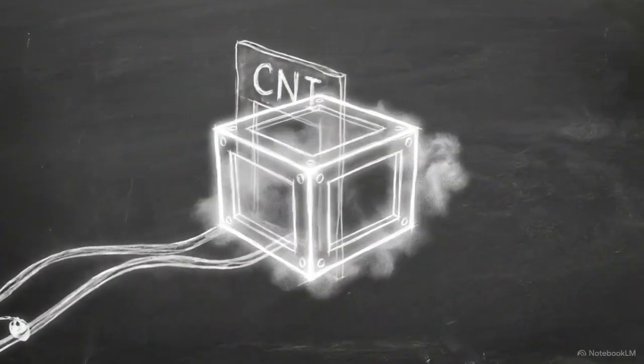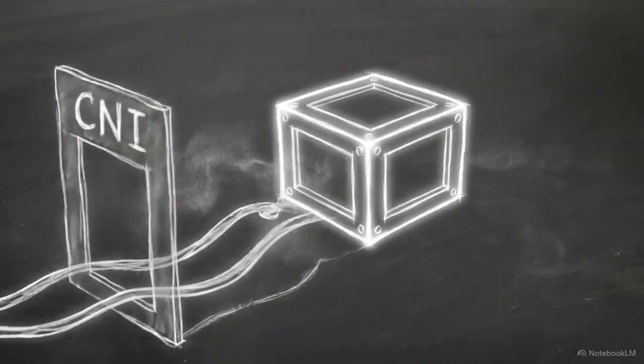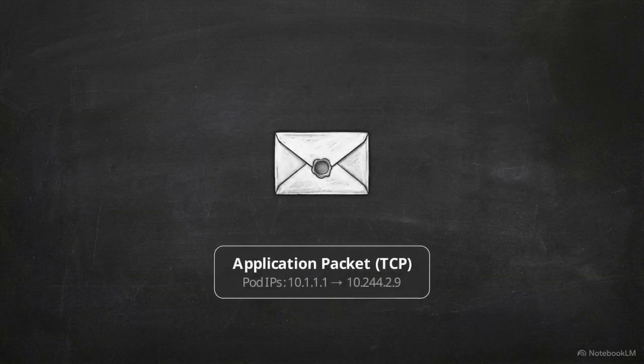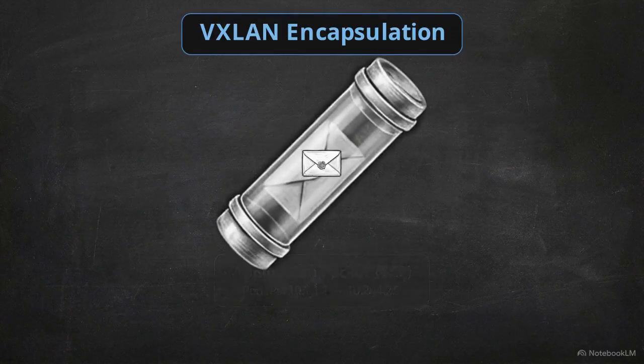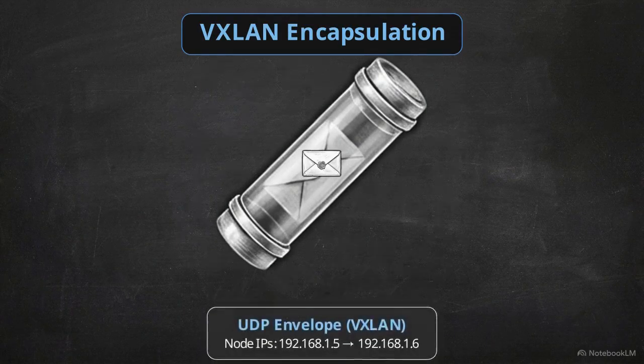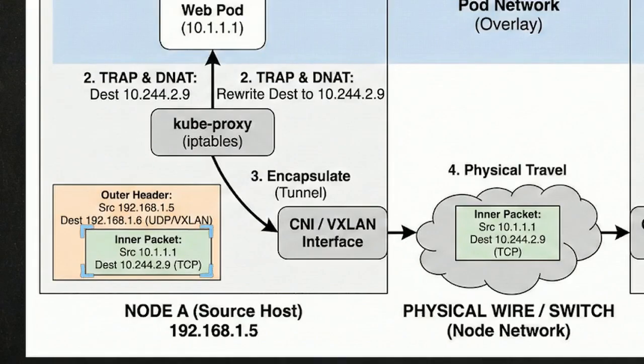It intercepts the routed packet and encases it in a new structure. The CNI executes VXLAN encapsulation. It takes the original TCP packet generated by the application and wraps it entirely inside a new UDP envelope. The inner envelope contains the true communication, the source and destination IPs of the pods.